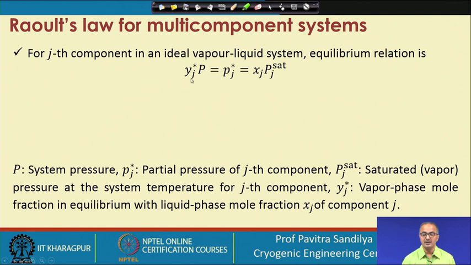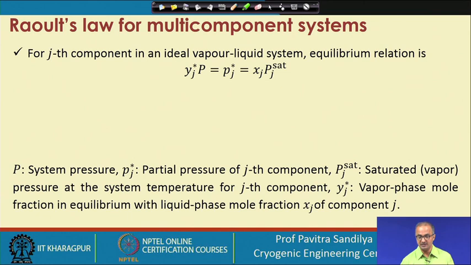Here we find that Yj star into P, which is the partial pressure of the component j in the vapor phase, is equal to the product of the mole fraction of the jth component in the liquid phase and the saturated vapor pressure, and this is a function of the temperature of the system.